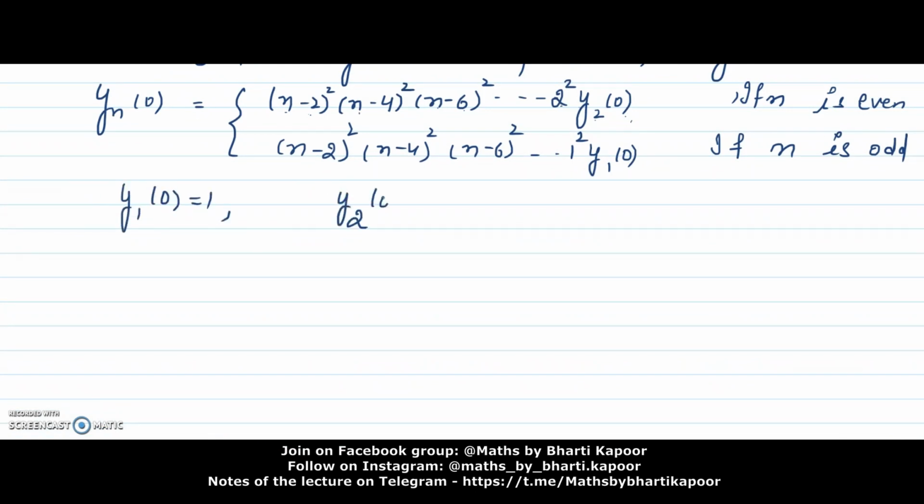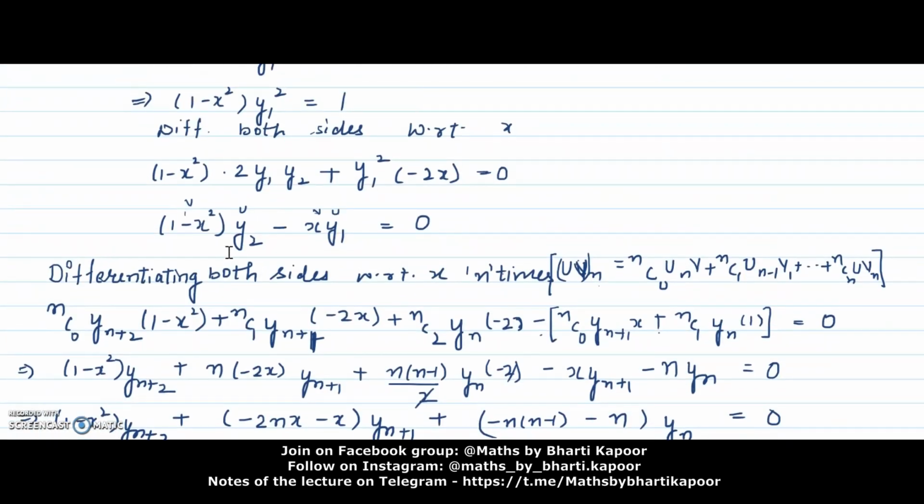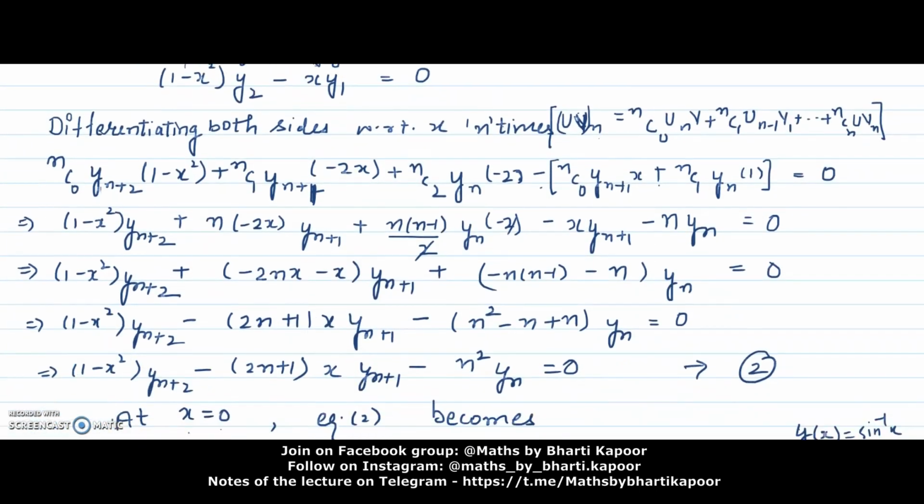And y2 0, let's see what the value of y2 0 is. This is y2, and in this expression if you take x is equal to 0, then y2 0 will be equal to 0 because this will become 0. So y2 0 is 0.